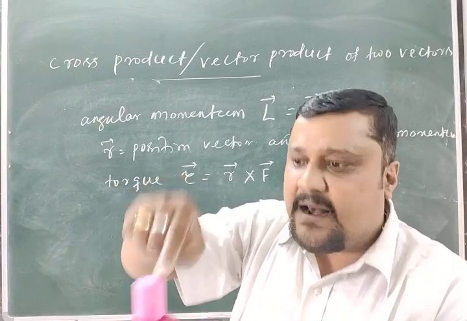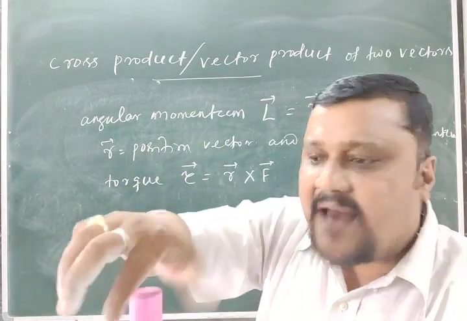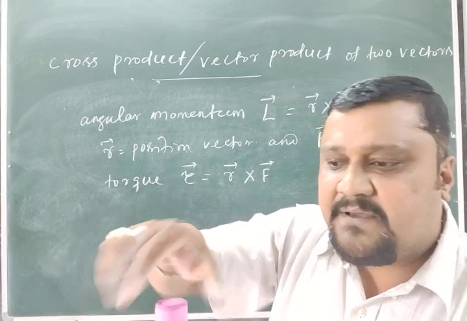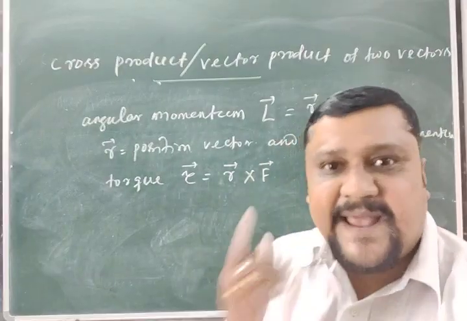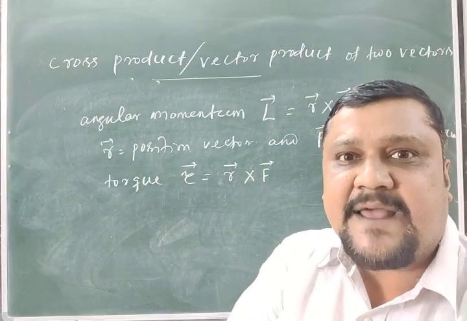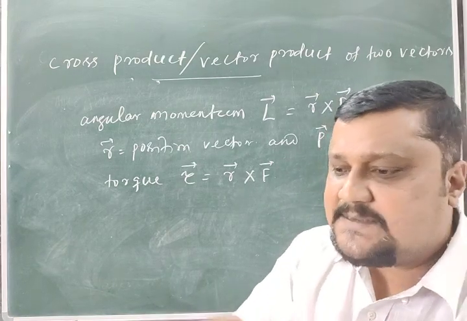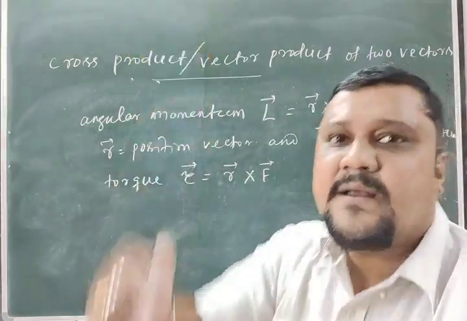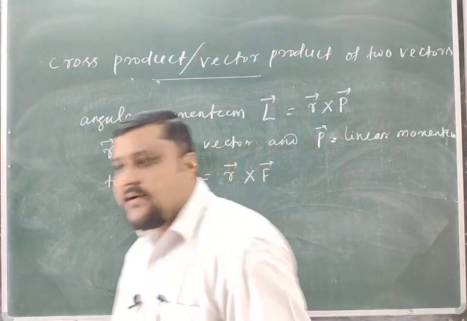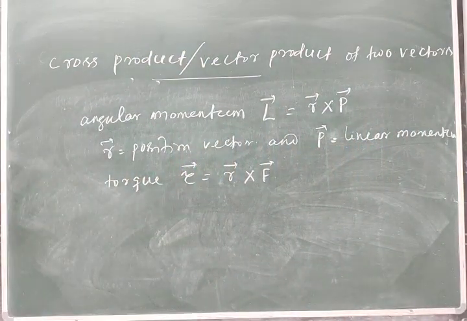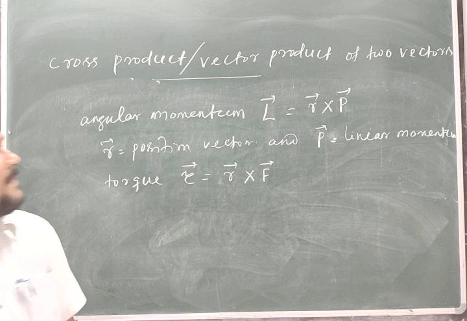R cross F gives you torque. R and F are in this plane, and your torque is upward or downward according to the direction.